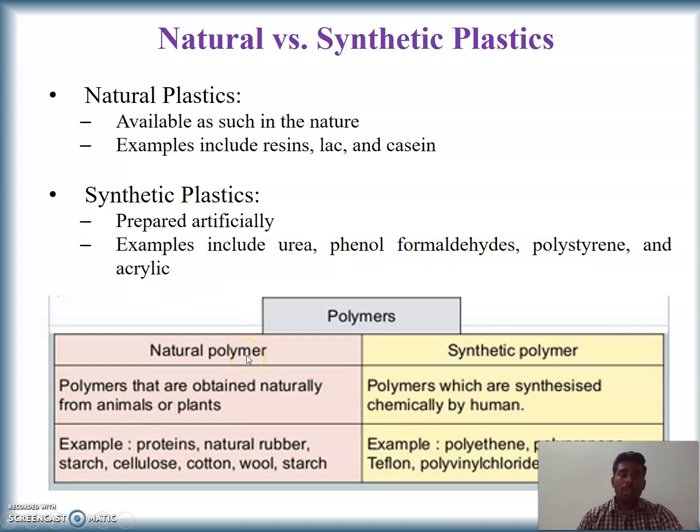Comparing natural polymer with synthetic polymer, polymers obtained naturally from animals or plants are called natural polymers, and those chemically prepared by humans are called synthetic polymers. Some examples of natural polymers are starch, natural rubber, cellulose, cotton, wool, etc. And the synthetic polymer examples are polyethylene, polypropylene, Teflon, and polyvinyl chloride.